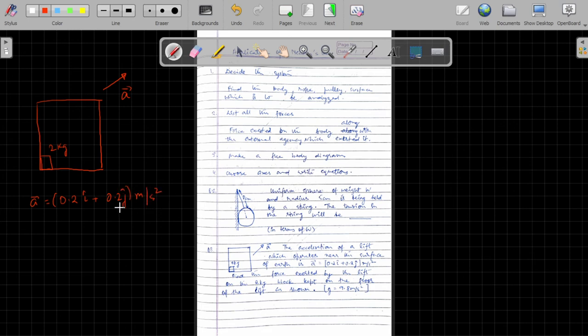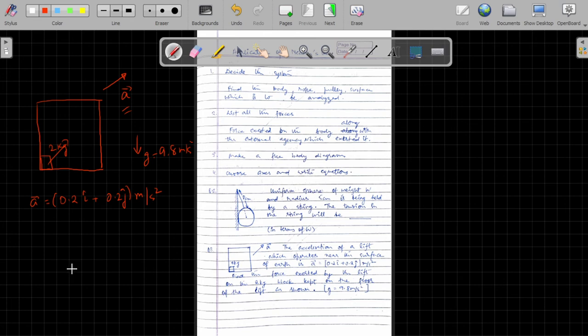So this is the acceleration which we are given. In addition, we know the acceleration due to gravity, 9.8 meter per second square. So we know that the whole elevator is moving with this acceleration. That means the block would also be moving with this acceleration, right? So that is what we know.